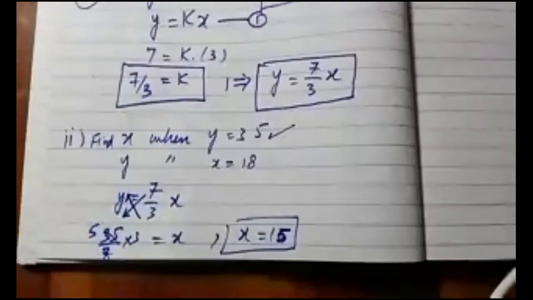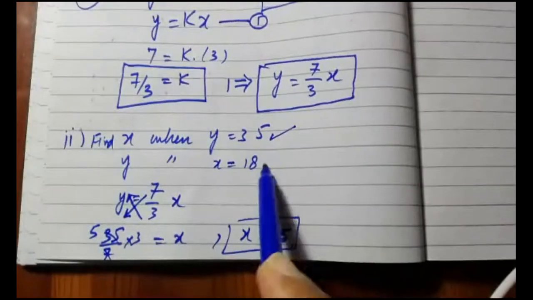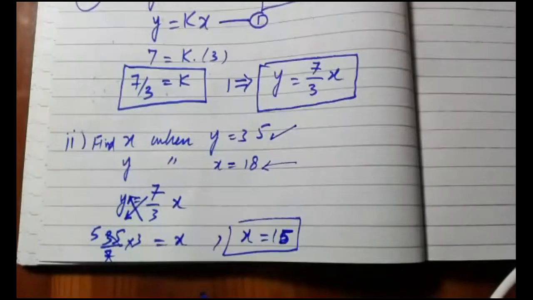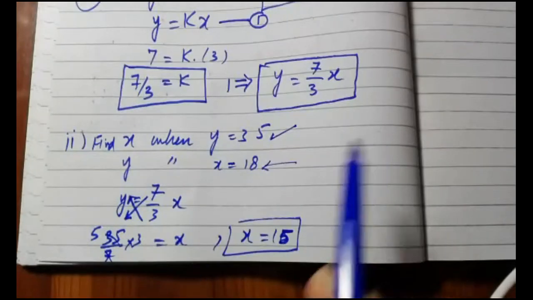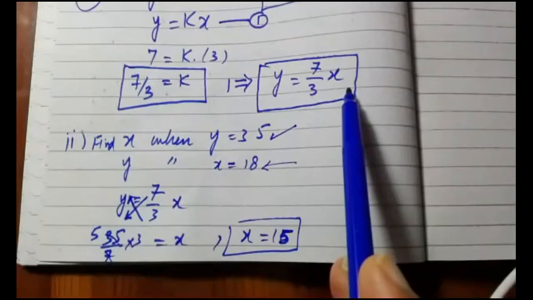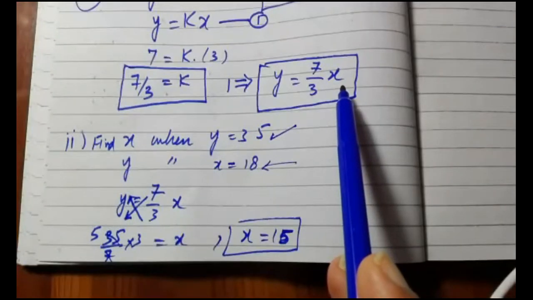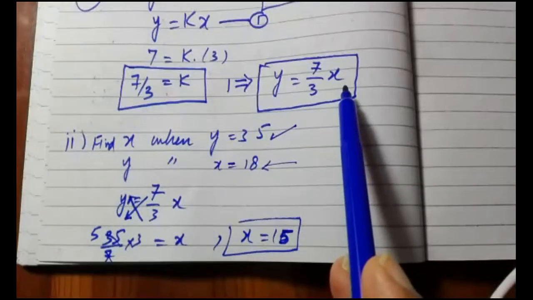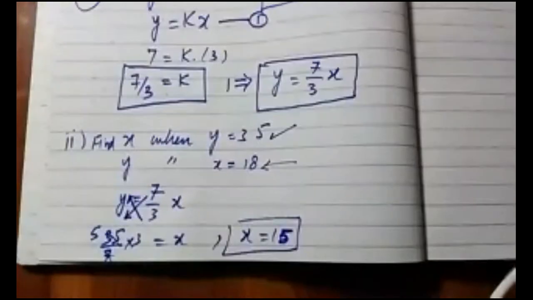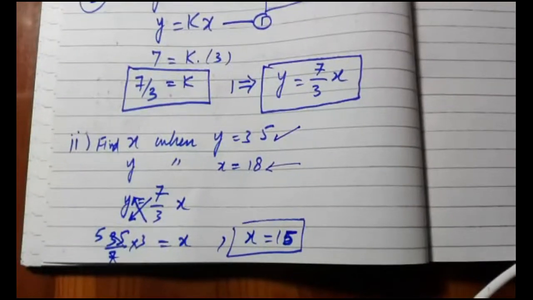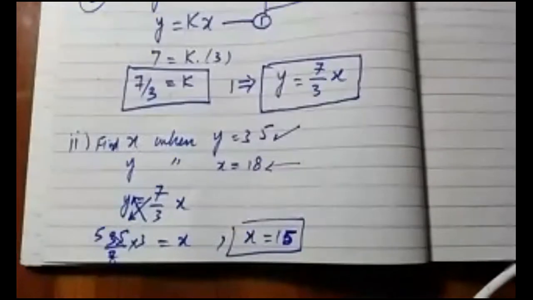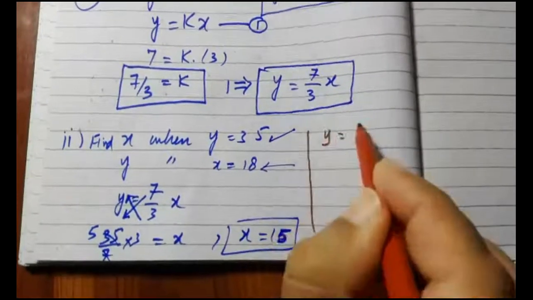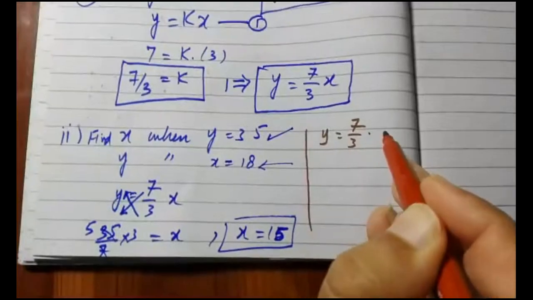Now we will solve this part, in which the value of x is given: if I take x equal to 18, then find the value of y. We will use the same formula that is in the box. Simply we will substitute the value of x in this formula and we will be able to find the value of y. So y is equal to 7 by 3 times 18, the value of x according to the statement.